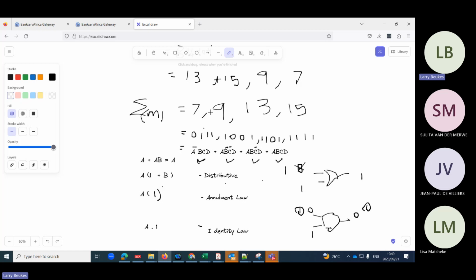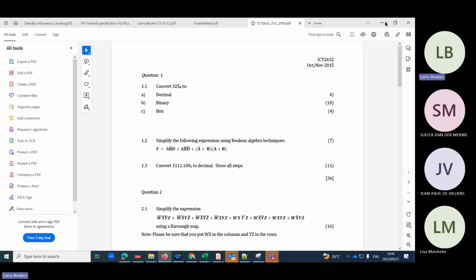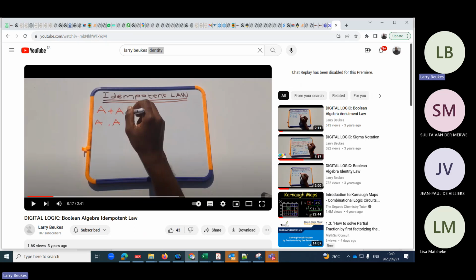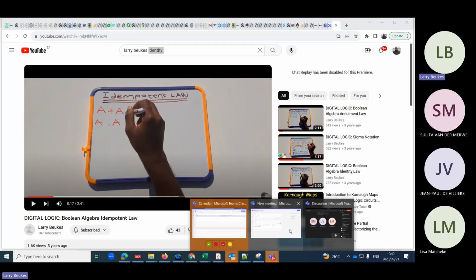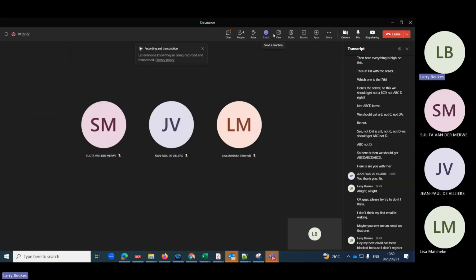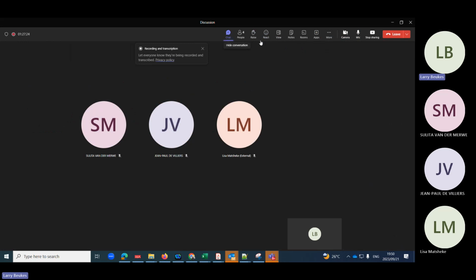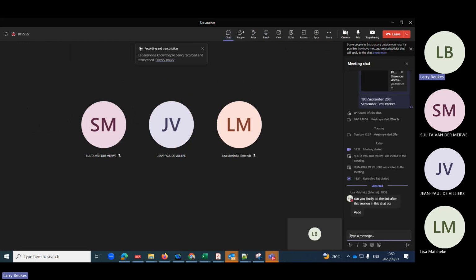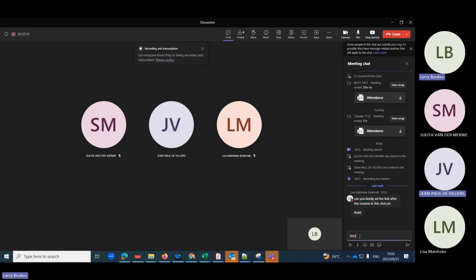I don't think my first email is working. Maybe you sent me an email on that one? My first email has been blocked because I didn't register. So let me post my new email. It's not a new email address. I've been trying to send it to the email that is on your Teams account, linked with your Teams profile.